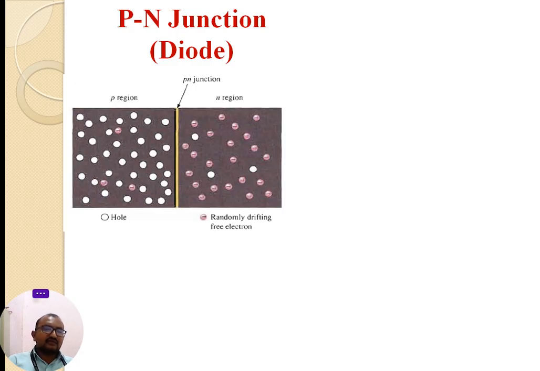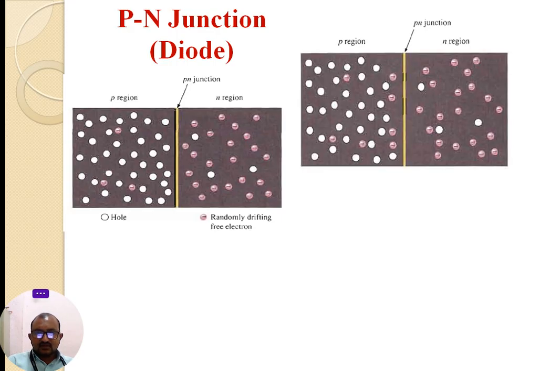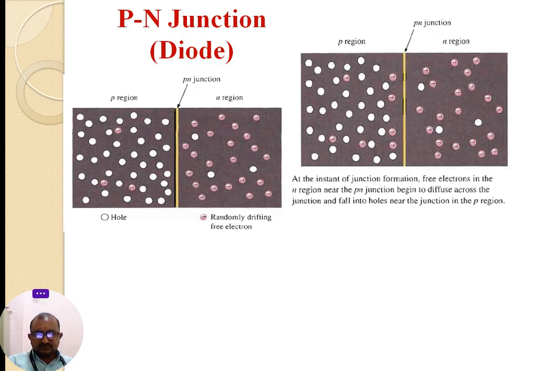Because di means 2 and ode means electrode. This is a 2-electrode device. The electrodes are anode and cathode. The p-type contains the anode and the n-type contains the cathode. Please see the yellow line shown in our PPT: this is the junction, the combination point of p-type and n-type material.